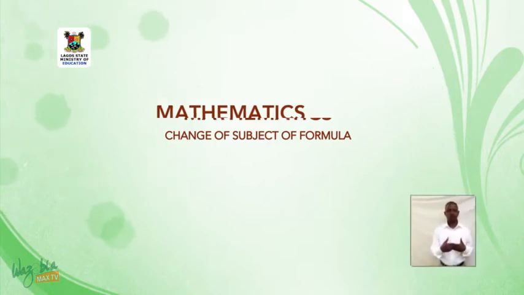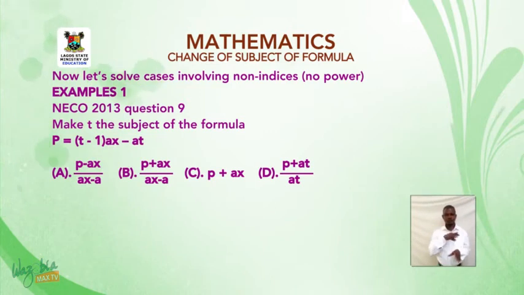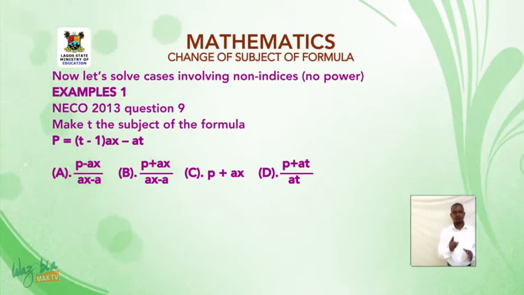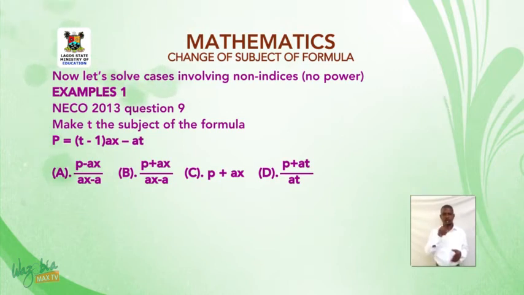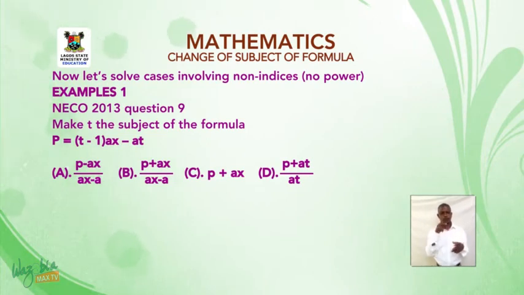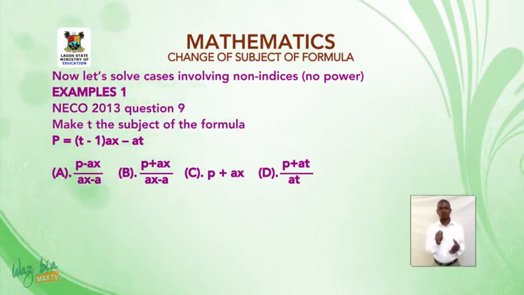Welcome back. Now, let's solve cases involving non-indices, that is, no power. Example 1. NECO 2013, question 9. Make T the subject of the formula P is equal to bracket T minus 1 AX minus AT.